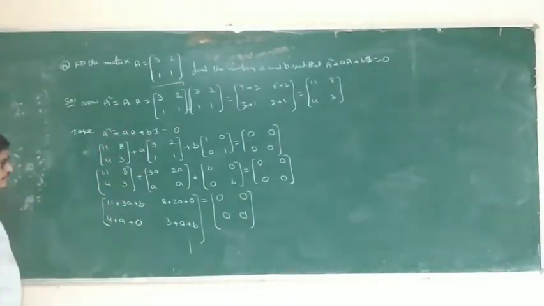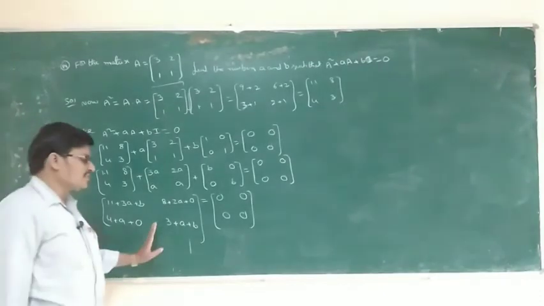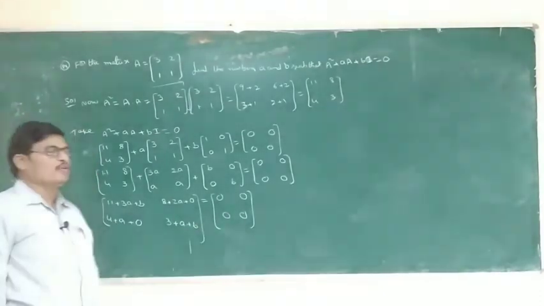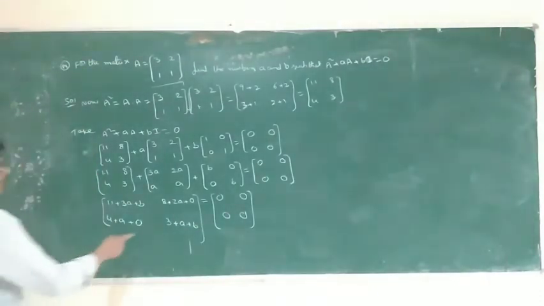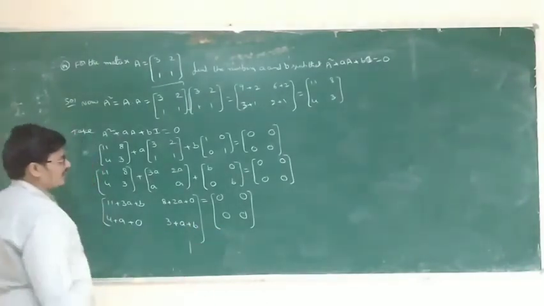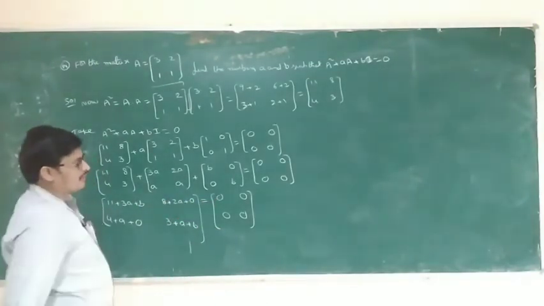So the two matrices are equal. This is the 2 by 2 matrix and this is the 2 by 2 zero matrix. Two matrices are equal means the corresponding elements are equal.